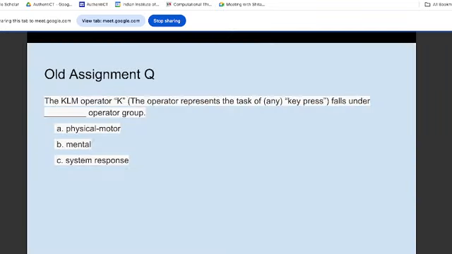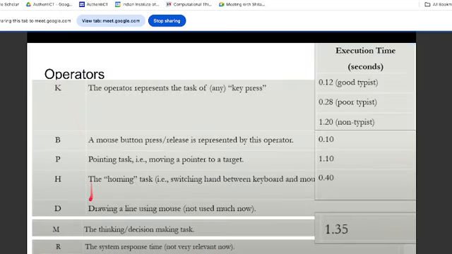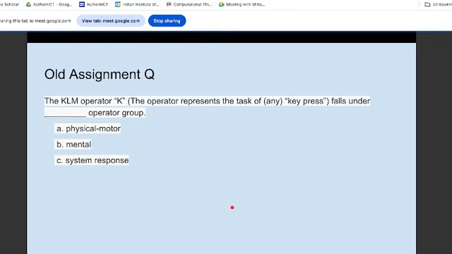So the old assignment question was: the key press falls under which operator group? Out of these, the first are the physical motor operator groups, the middle one is the mental operator group, and the last one is the system response time, so it is the system response operator group. Do you have a guess of which one key press would be?